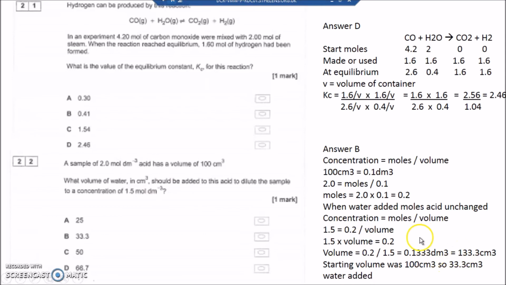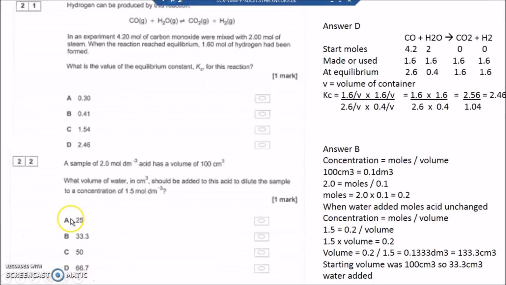So I could convert that into centimeter cubed because all of these answers are required in centimeter cubed. How do I convert decimeter cubed into a smaller unit like centimeter cubed? I multiply by 1000. 0.1333 recurring times 1000 is 133.3. So that's my final volume. So is 133.3 on there?